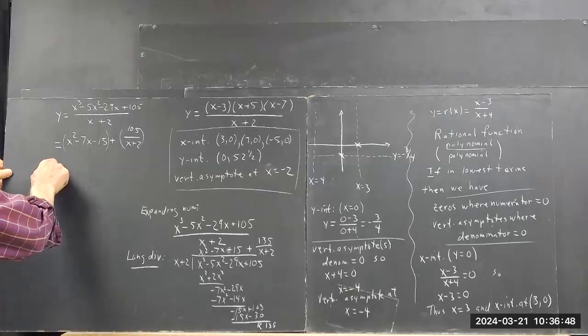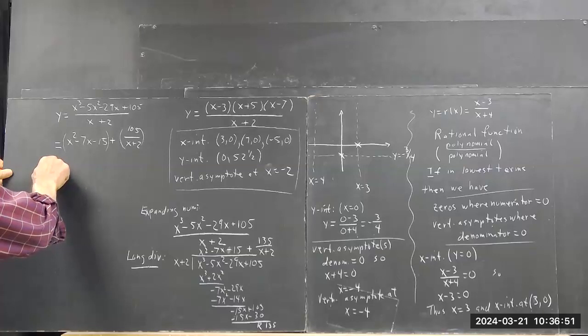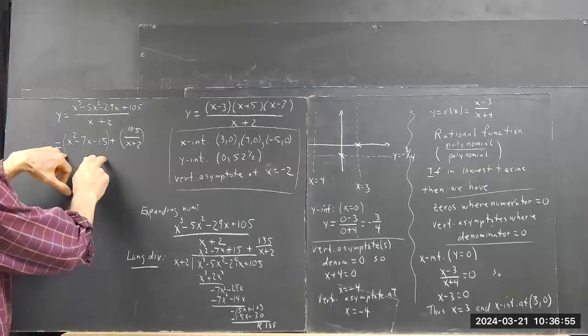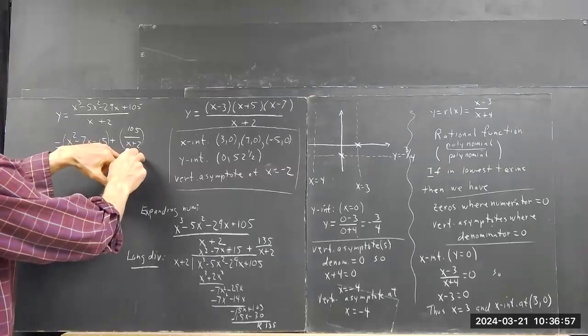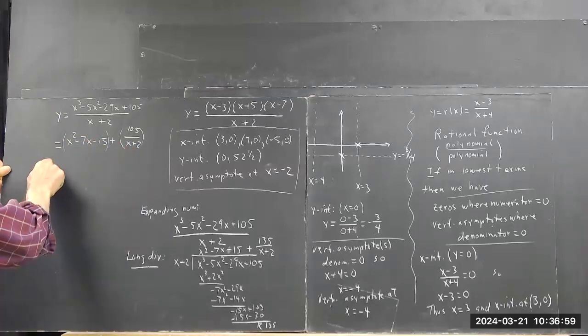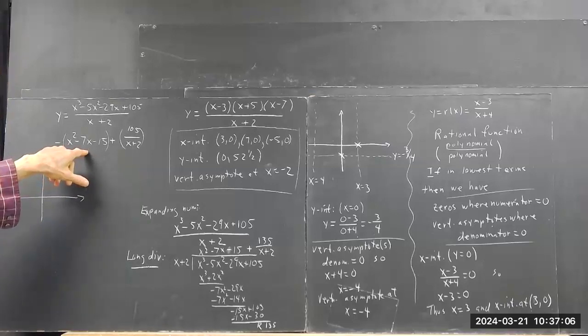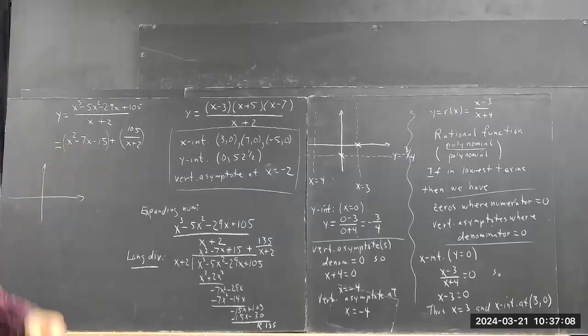When I graph this thing, its long run behavior is this function plus this function. Okay, well, what does the graph of x squared minus 7x minus 15 look like?